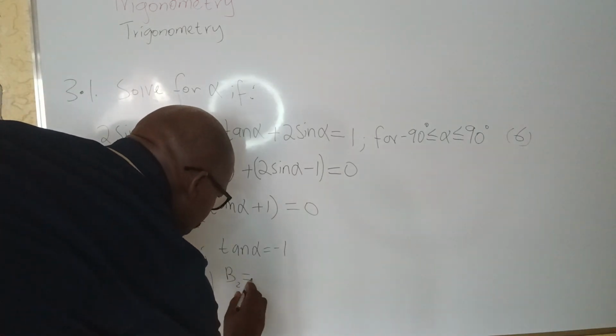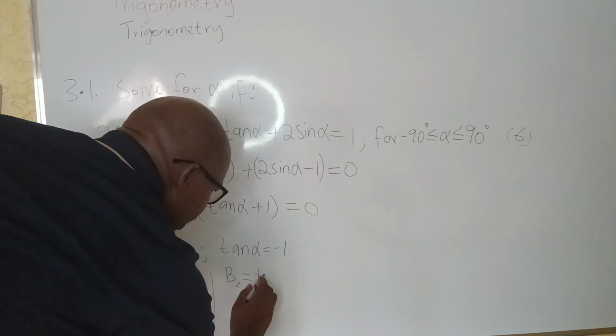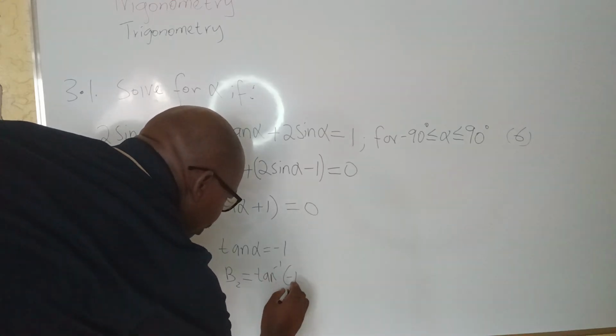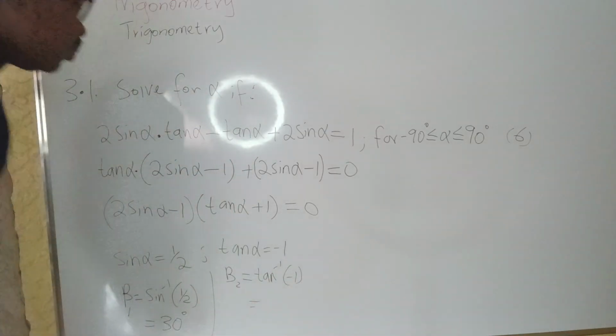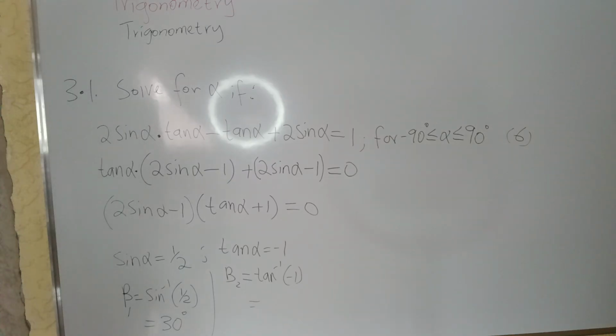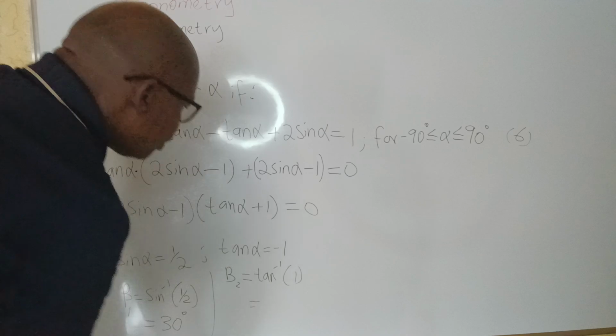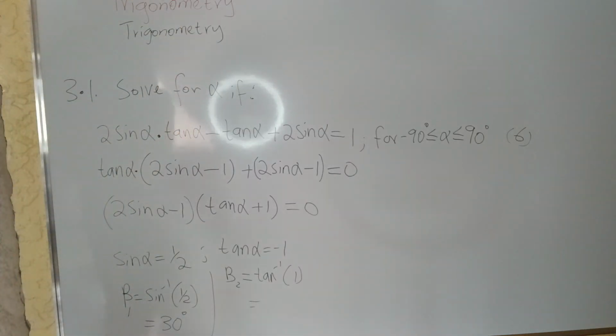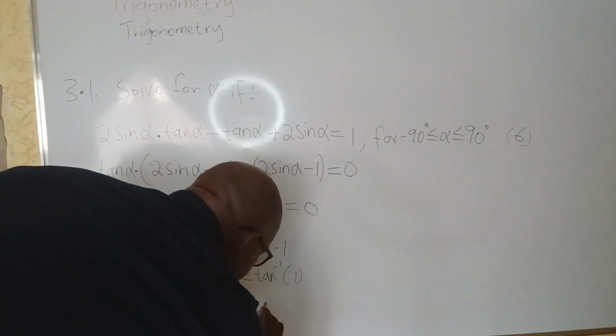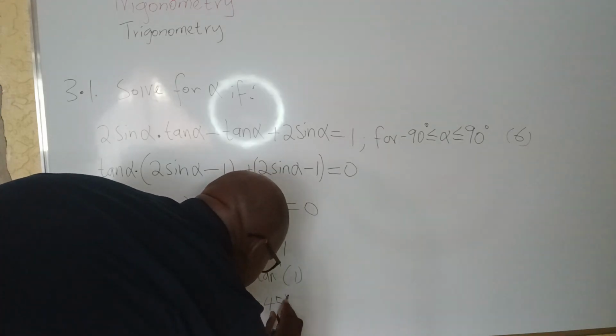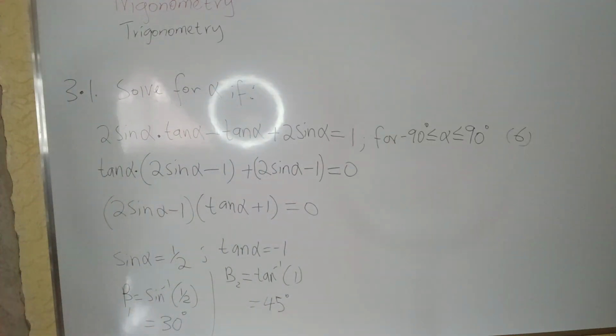Beta 2 is second function tan of 1, which gives you 45 degrees.